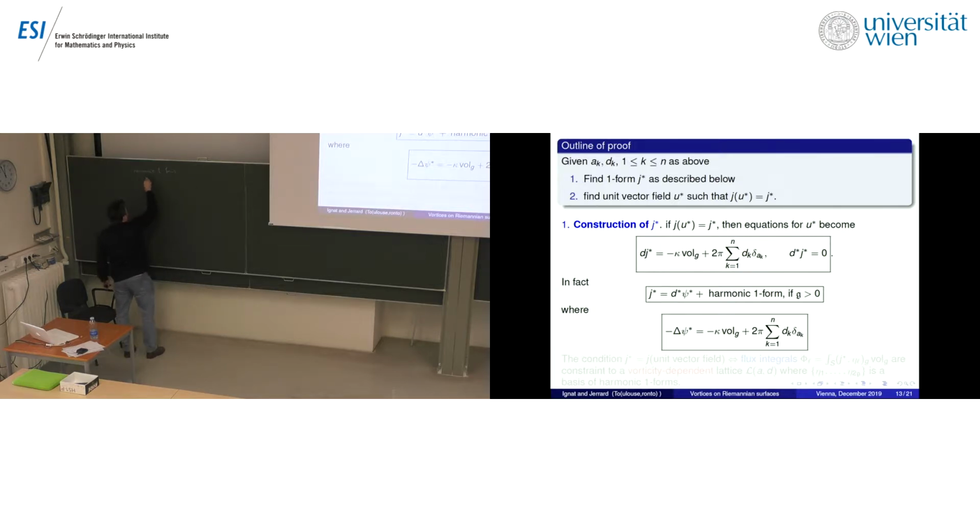So you can take a basis, eta 1 to eta 2G. And then this will tell you that G star is G star psi star plus the sum of some coefficients, phi L, eta L, where L goes from 1 to 2G.